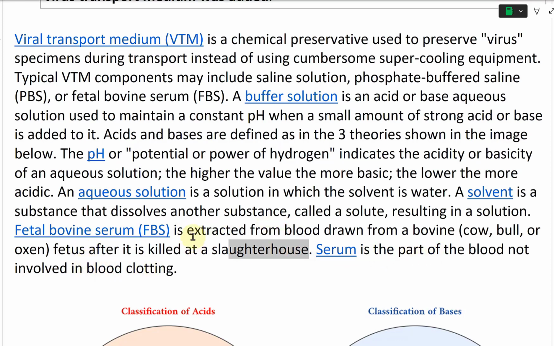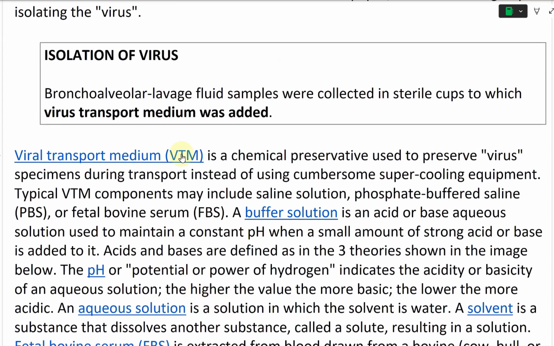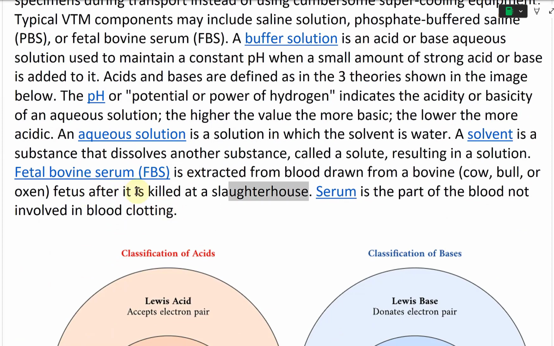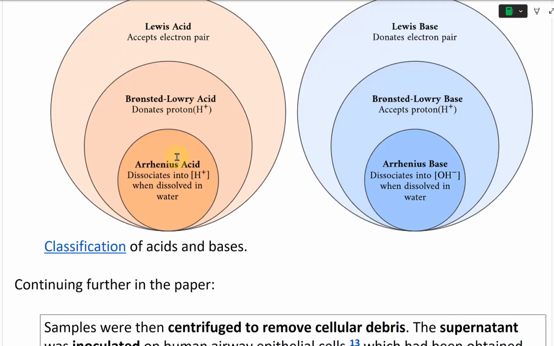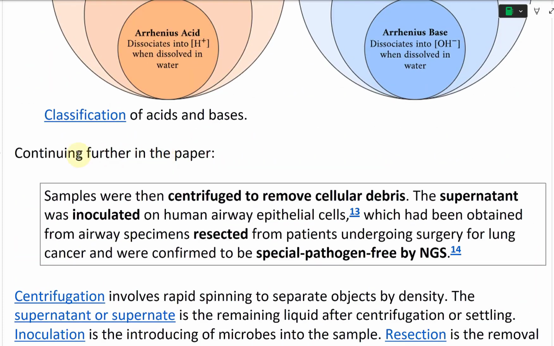So they would extract that serum from this fetus from this cow, bull, or oxen that's killed at a slaughterhouse, and then mixed in with this, and it may oftentimes be used as this viral transport medium. So then they would put these samples inside this serum from this slaughtered fetus. All right, so that's quite baffling.